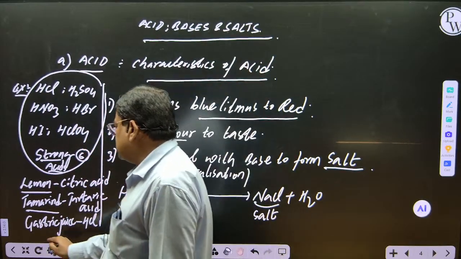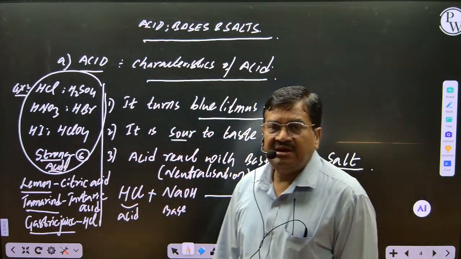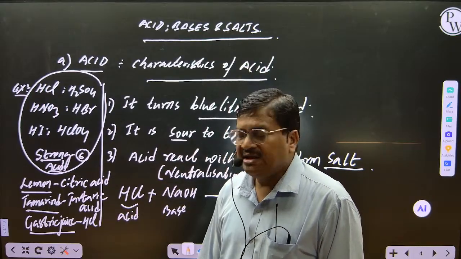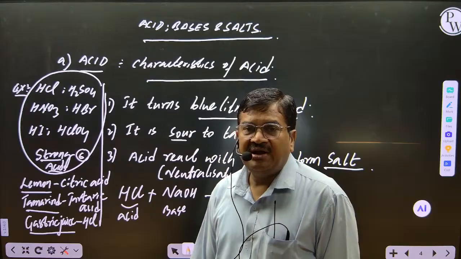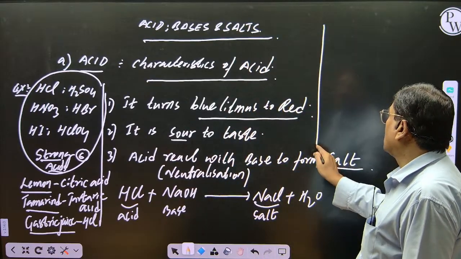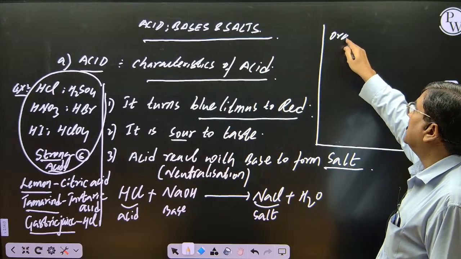So copy this. These are some acids we observe in daily life. Lemon juice, citric acid. Tamarind, tartaric acid. Gastric juice, hydrochloric acid. And oranges will have ascorbic acid.